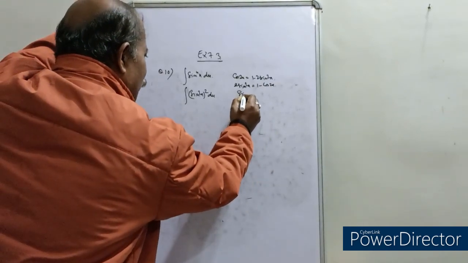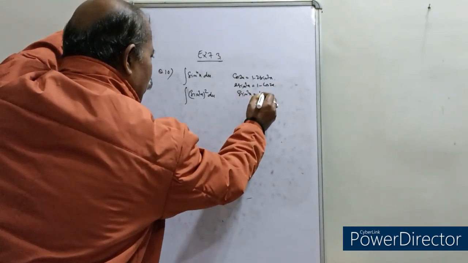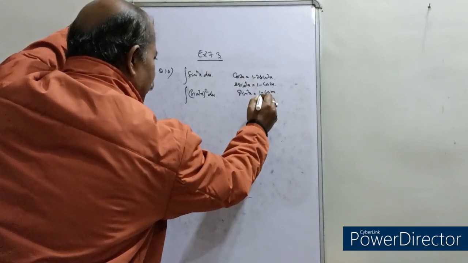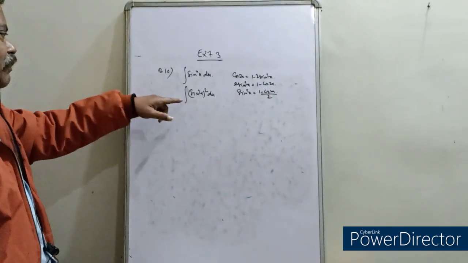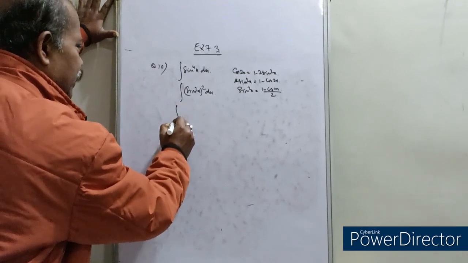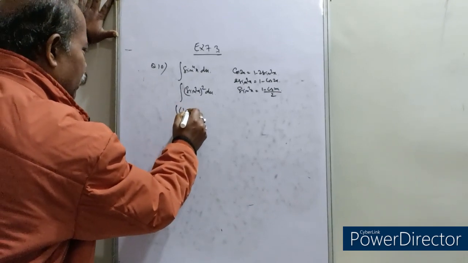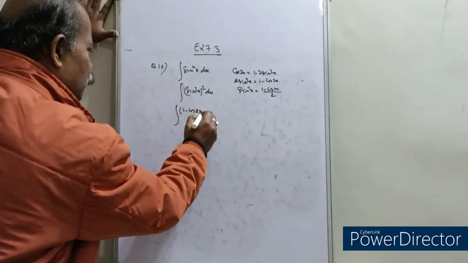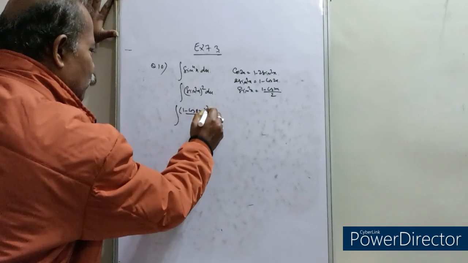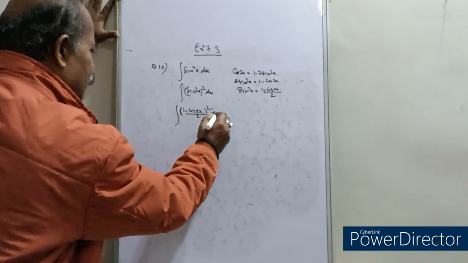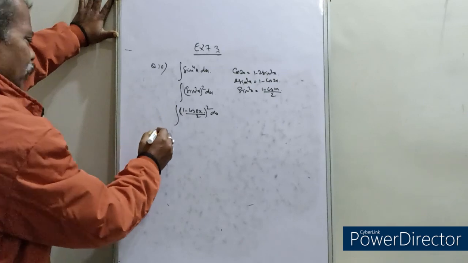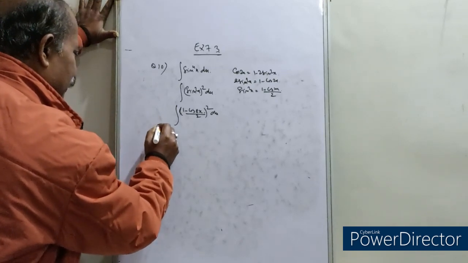So your sine square x will be equal to 1 minus cos 2x by 2. I am going to place this value here. So here it will be 1 minus cos 2x by 2 the whole square dx. So this is 1 by 4, it comes outside.